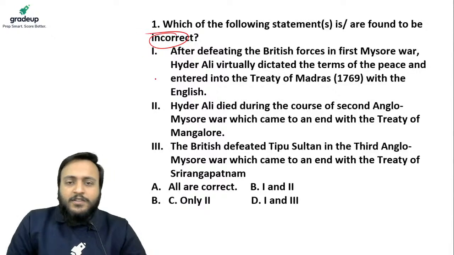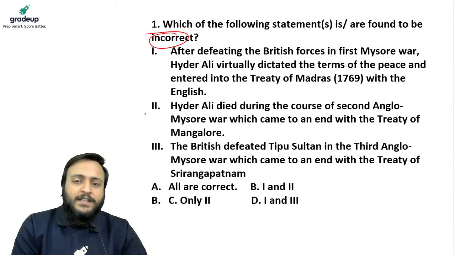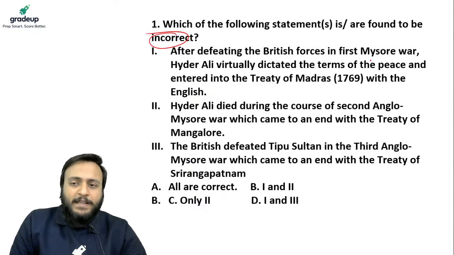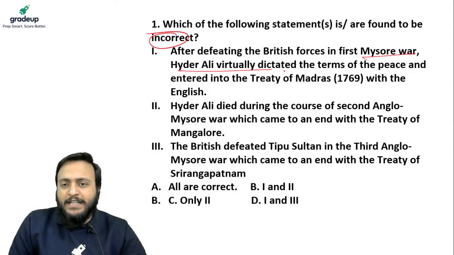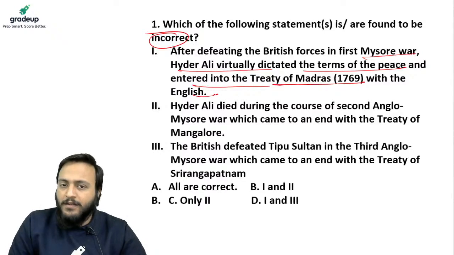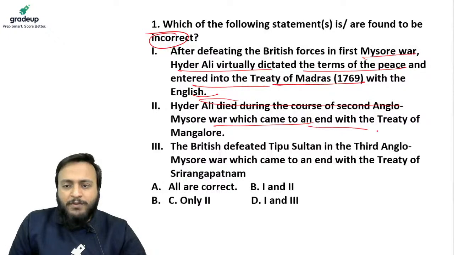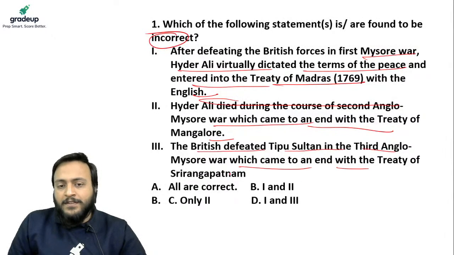The first statement: after defeating the British forces in the first Mysore War, Hyder Ali virtually dictated the terms of the peace and entered into the Treaty of Madras with the English. Second: Hyder Ali died during the course of the Second Anglo-Mysore War, which came to an end with the Treaty of Mangalore. Third: the British defeated Tipu Sultan in the Third Anglo-Mysore War, which came to an end with the Treaty of Seringapatam.